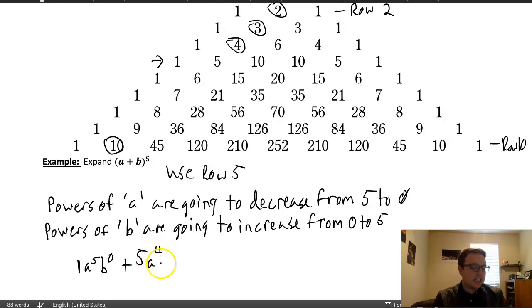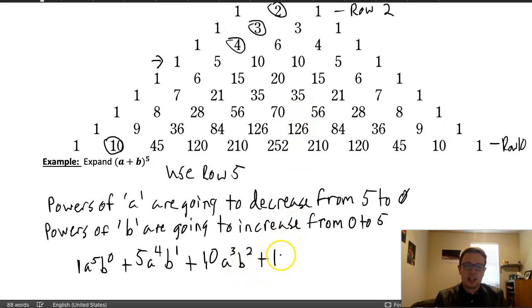The power of a decreases to 4, but our power of b increases by 1, so it's going to be a to the 4, b to the 1. After that, our next coefficient is 10, so that'll be 10. Our power of a decreases by 1, so it's a to the 3, and our power of b increases, so it's b squared.